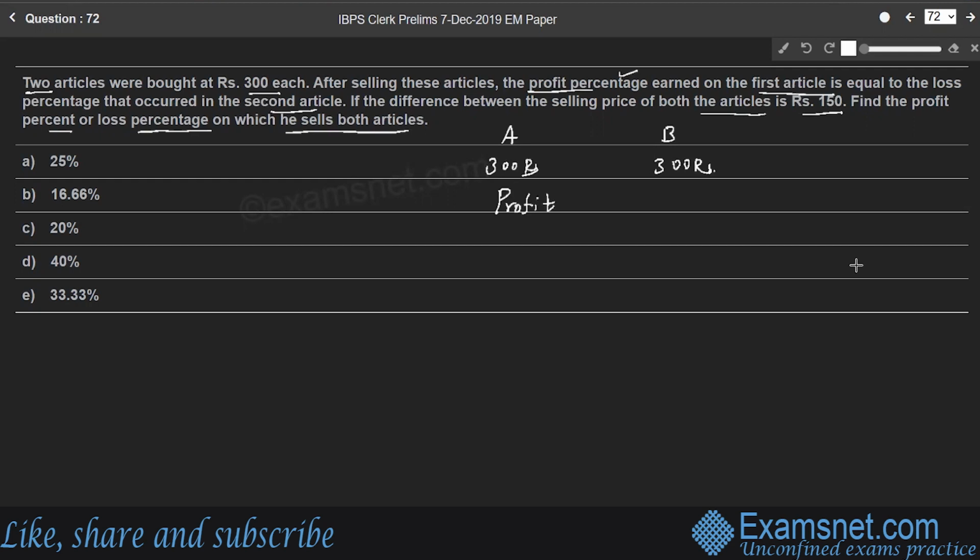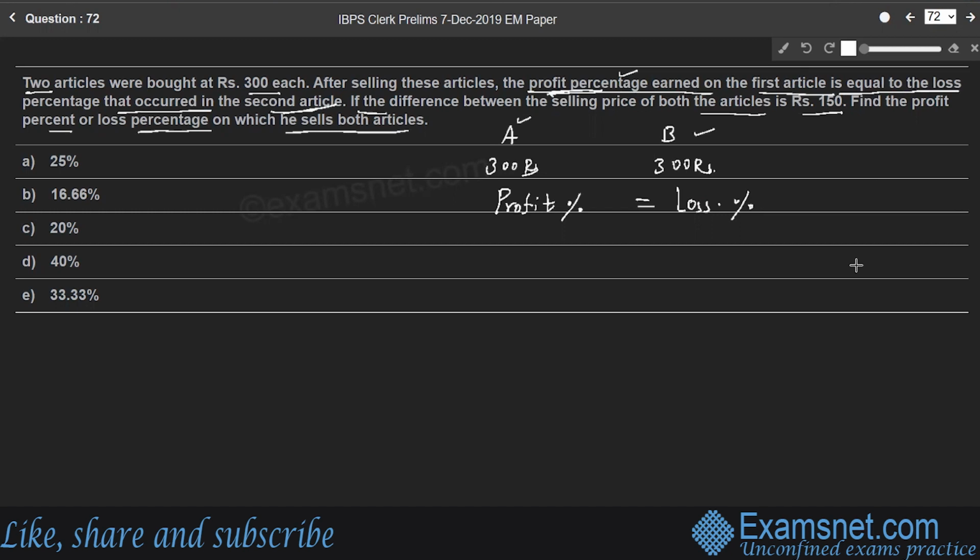Here, another article is sold at loss, so that the profit percentage of the first article is equal to the loss percentage of the second article. So here, look at the question. The profit percentage earned on the first article is equal to the loss percentage that occurred in the second article, right? So the first article is sold at profit, the second article is sold at loss, right?